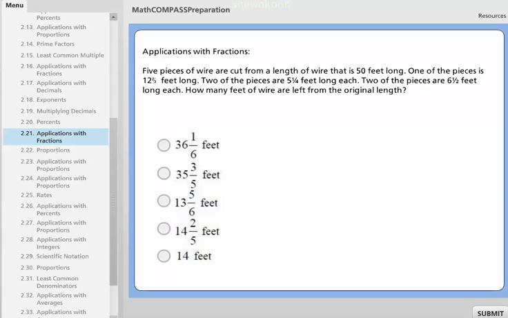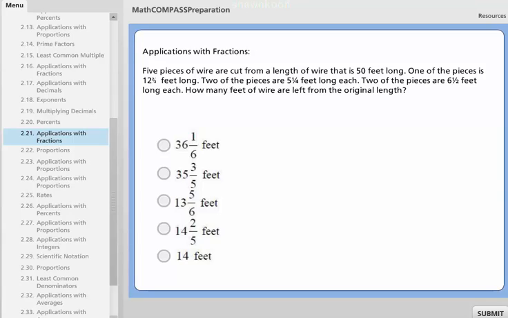Okay, so 2.21. It says 5 pieces of wire are cut from a wire that is 50 feet long. One of the pieces is 12 and 2/3 feet long, and 2 of the pieces are 5 and 1/4 feet long each, and the 2 remaining pieces are 6.5 feet long each.